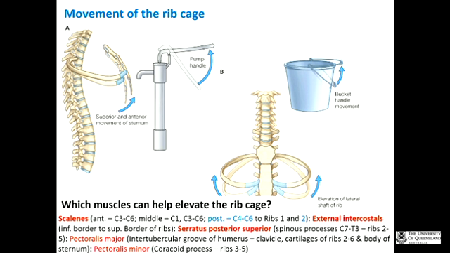Normally what would happen is that the contraction of that muscle has an effect on the shoulder joint rather than elevating the ribs. But there are certain circumstances, for example, when you've just done a 200-meter sprint and you're out of puff, people quite often brace themselves, they lean over, they brace their hands on their knees or just above the knee, and in so doing they fix the position of the scapula.